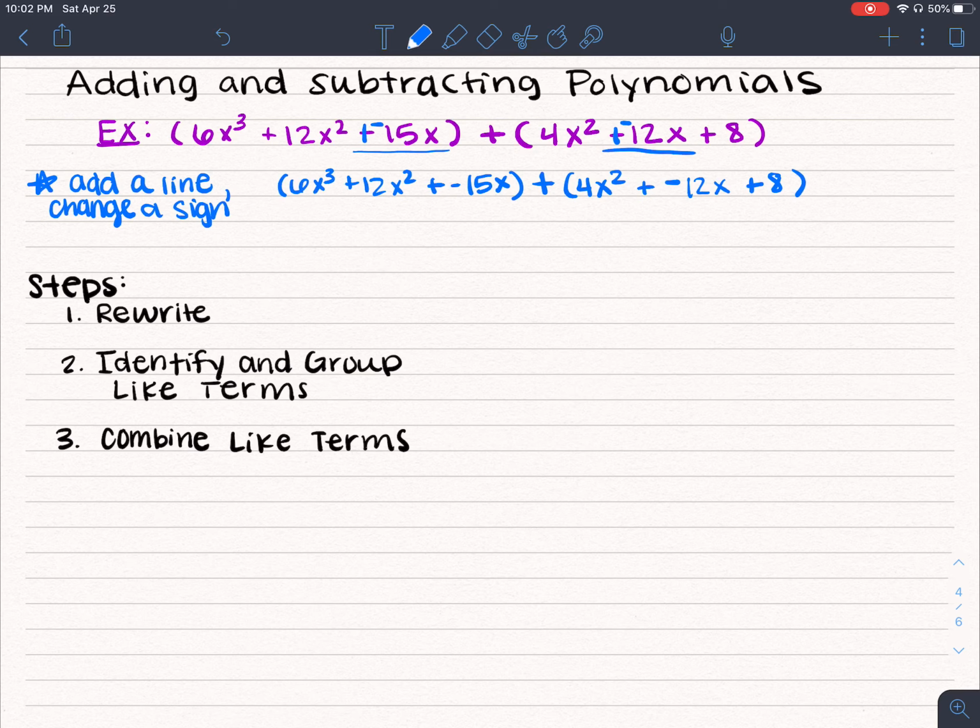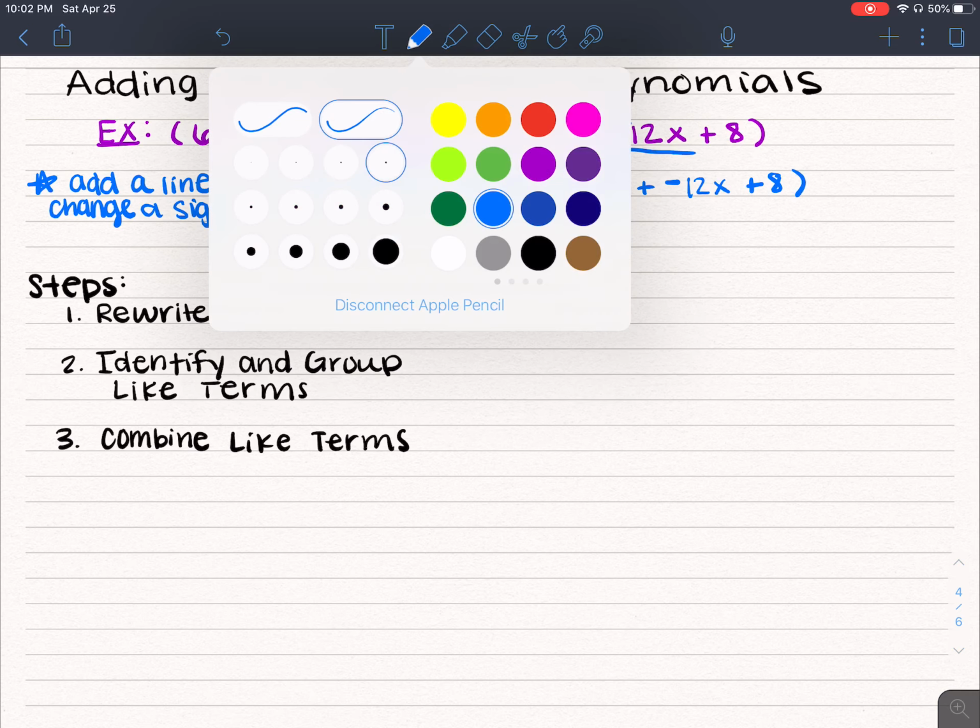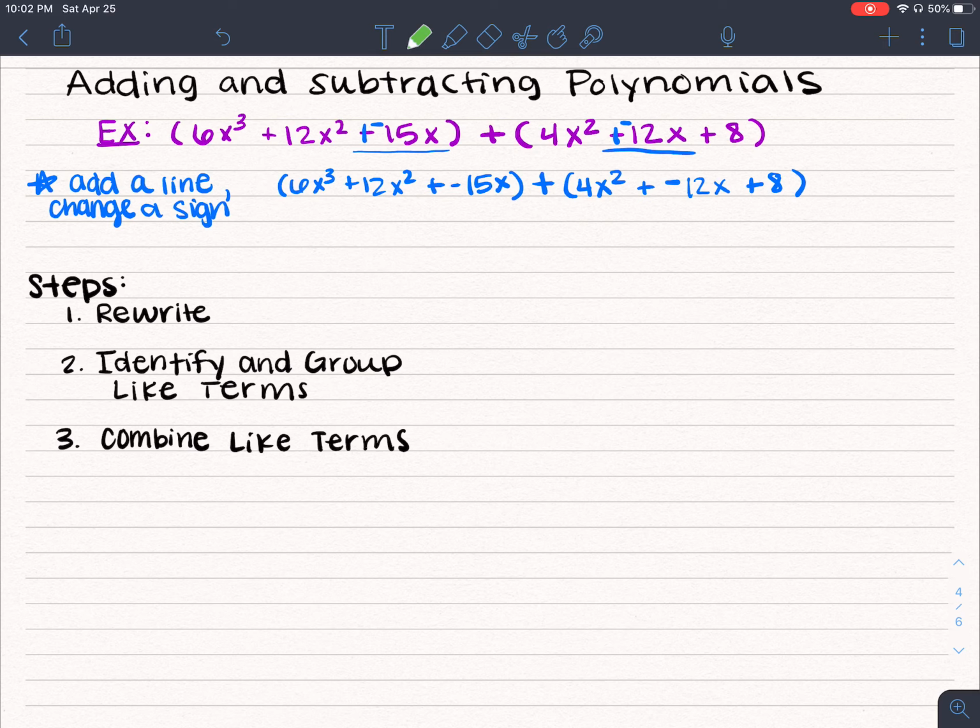All right, so there is our addition problem. Our first step is to rewrite, and you're probably asking me, didn't we already just do that? Sort of. So like I had said before, I don't usually do that rewrite step. I just did in case you are not used to that add a line, change a sign. If that's a new concept, I really wanted to make sure you saw what I was doing.